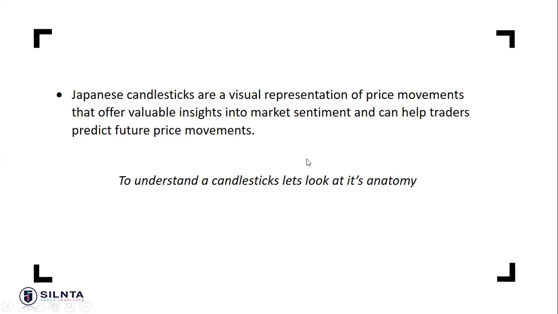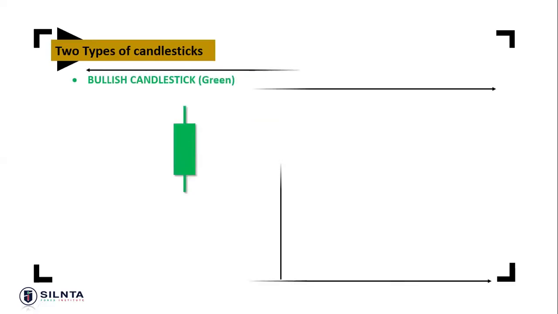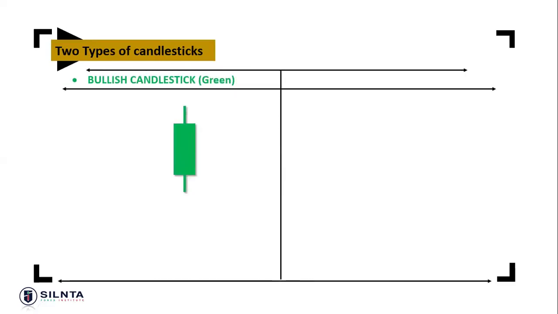To understand the candlestick, let's look at its anatomy. We have two types of candlesticks. First, a bullish candlestick, which is traditionally green, or sometimes white.